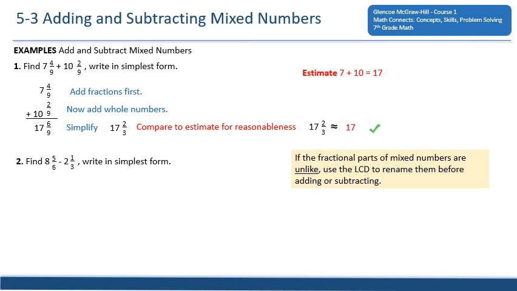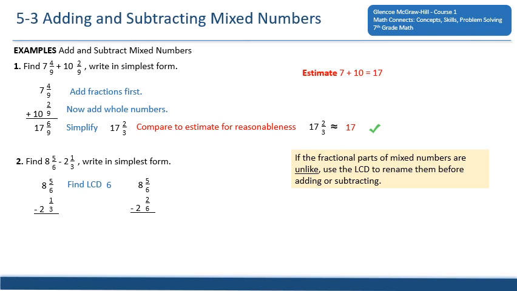So in example 2, 8 5/6 minus 2 1/3, and then we're going to write it in simplest form. We have unlike denominators, so we have unlike fractions. We need to find the least common denominator. 6 is the least common denominator, so we don't have to do anything to 8 5/6, but we do have to find an equivalent fraction for 1/3 where 6 is the denominator.